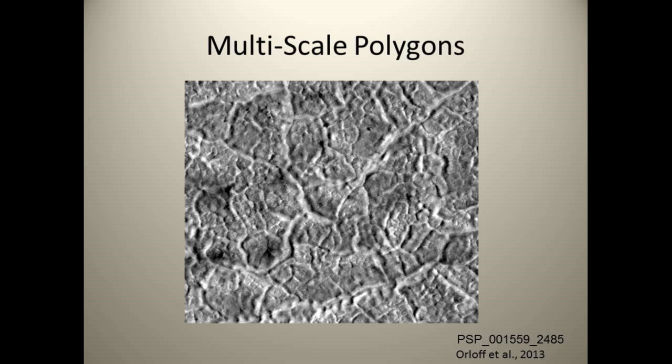We have these much, much larger polygons with these large troughs that outline them. And then we have the smaller polygons that we can find within a single given polygon. And we find this case all over. There are many, many places where we find these multi-polygonal scales.